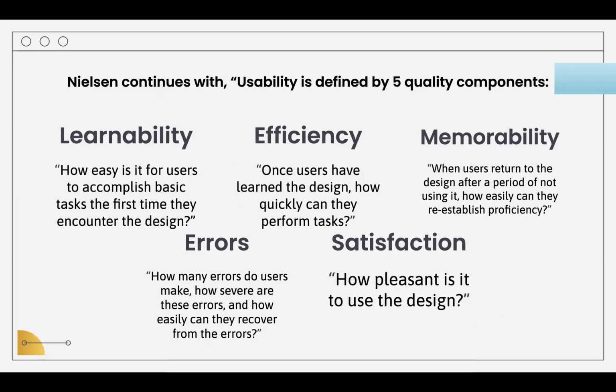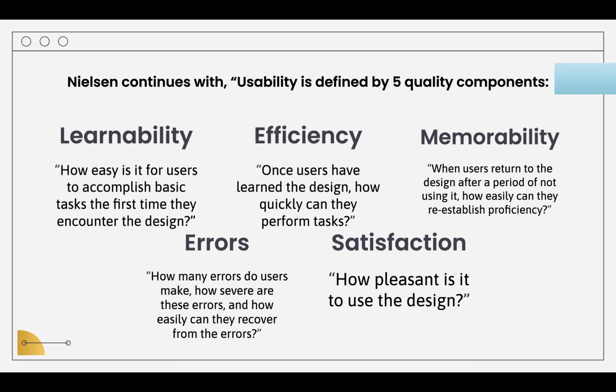Learnability. How easy is it for users to accomplish basic tasks the first time they encounter the design? Efficiency. Once users have learned the design, how quickly can they perform tasks? Memorability. When users return to the design after a period of not using it, how easily can they reestablish proficiency?